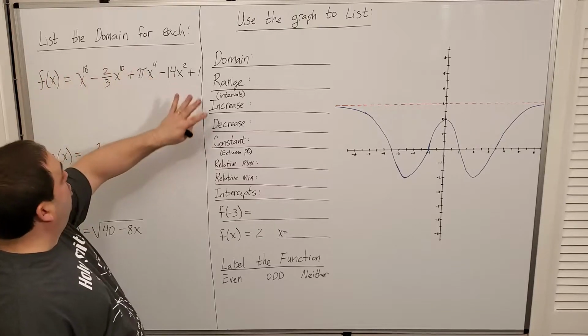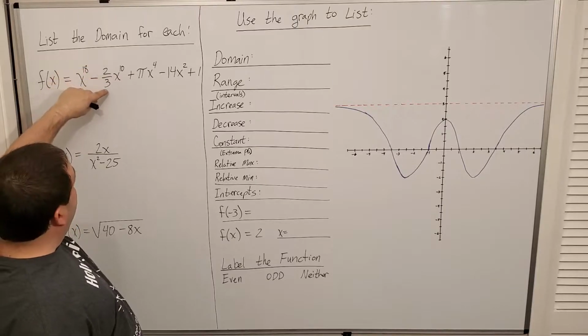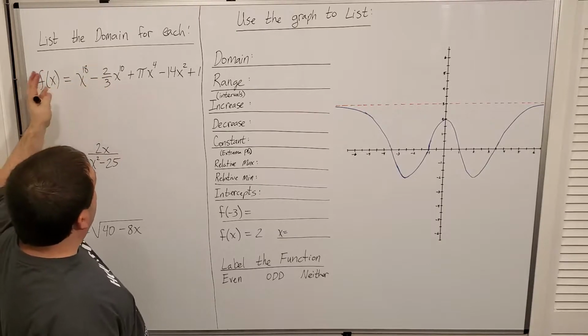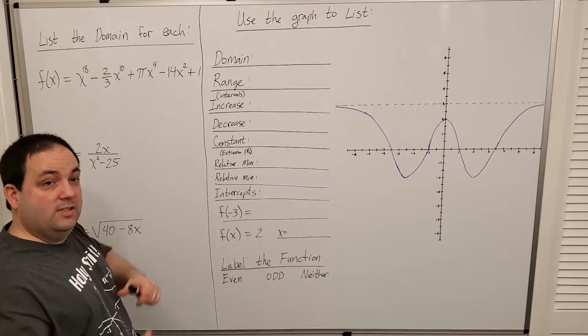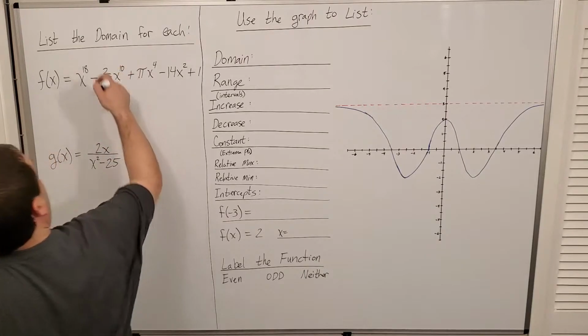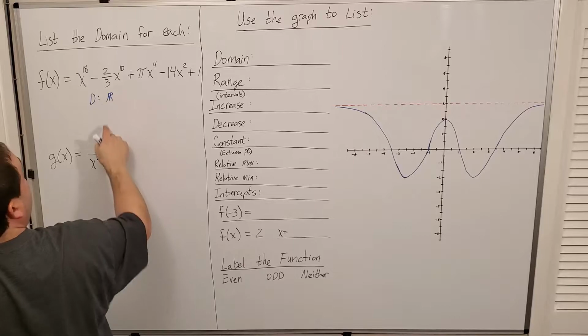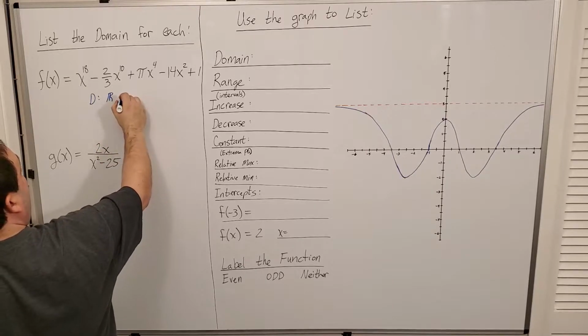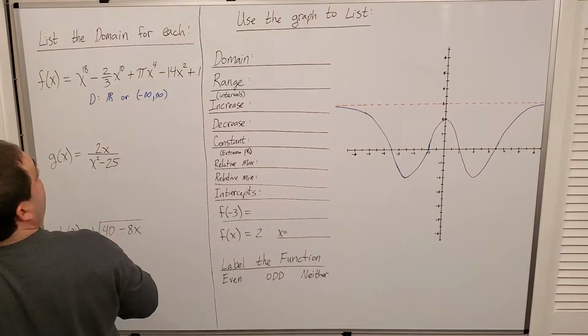There's nothing that's going to cause a division by 0. There is a division, a fraction, but there's no variables in the denominator. There's no logarithms, there's no square roots, there's nothing else in there with any kind of domain issues. So the domain for this guy is all real numbers. So I could either use the double-line R, or I could actually say -∞ to infinity.